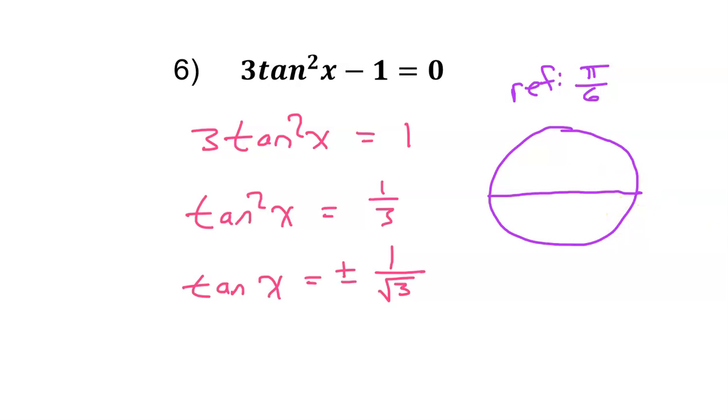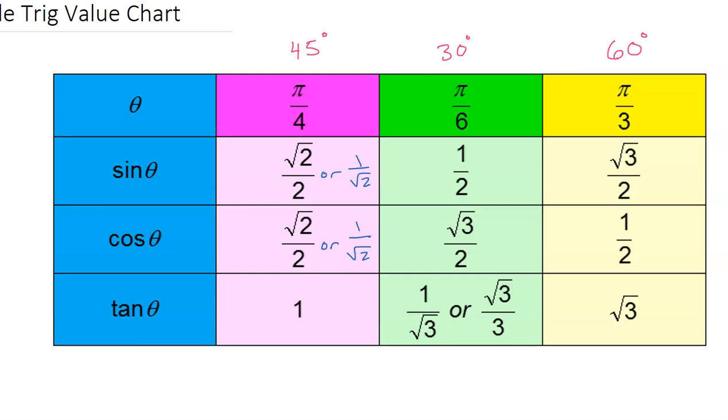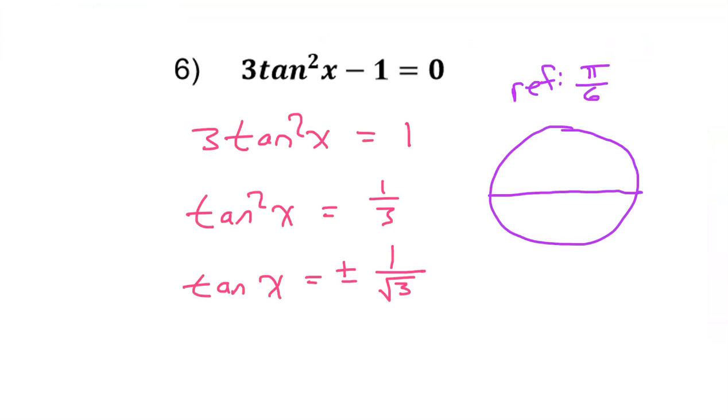How did I know that? Because I have memorized my chart. You should be asking yourself, the tangent of what angle is 1 over radical 3? Okay, the tangent of pi over 6 is 1 over radical 3. That's why the reference angle is pi over 6.